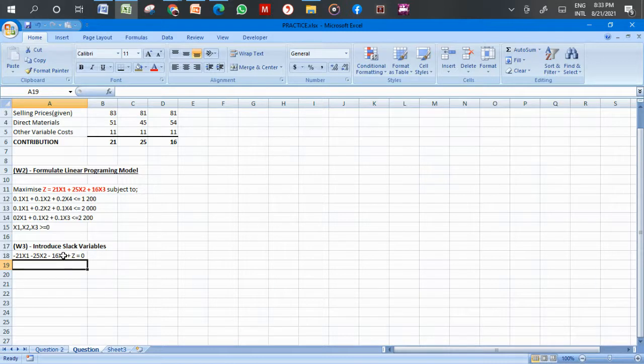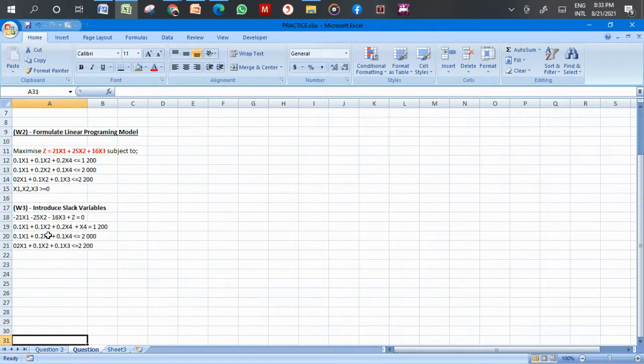We are also introducing slack variables so that we convert our linear inequalities to solvable equalities. We are just going to copy these here, then place them here. For this one, we introduce one slack variable, let's call it x4. We remove the smaller than sign, we are left with an equal sign.